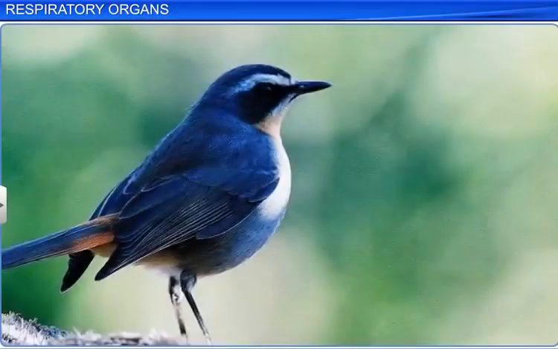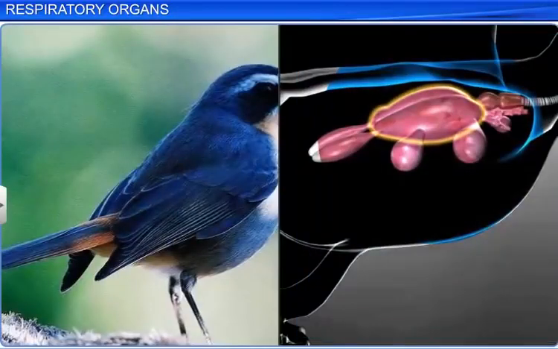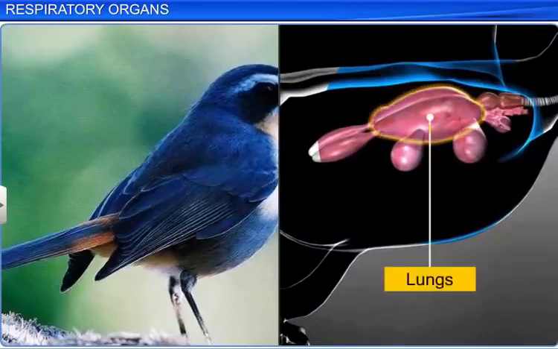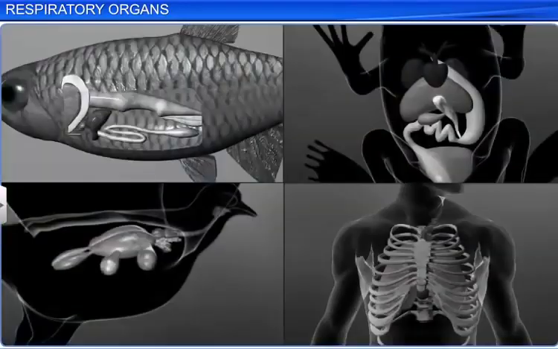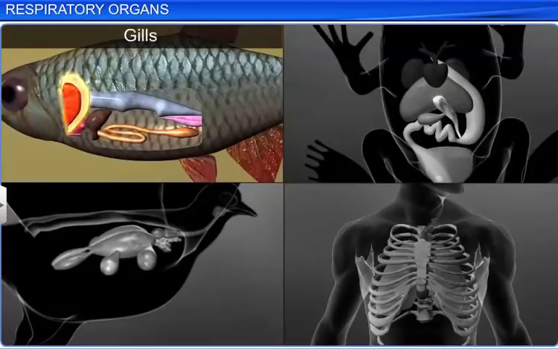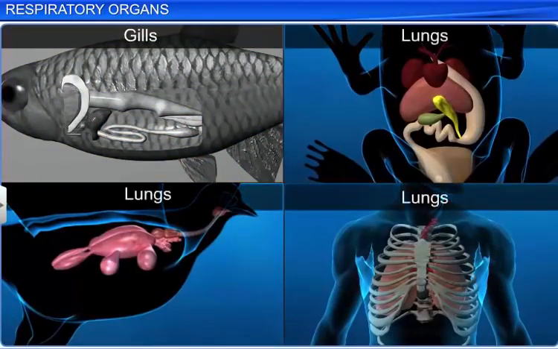Terrestrial forms of vertebrates use vascularized bags called lungs. Among vertebrates, fishes respire through gills, whereas amphibians, reptiles, birds and mammals respire through lungs.